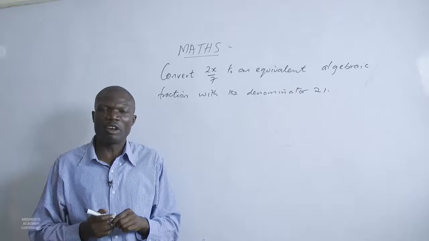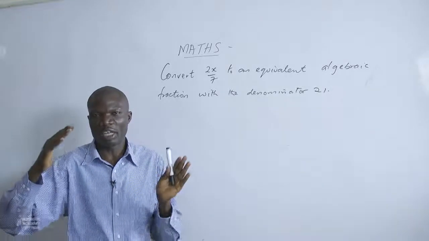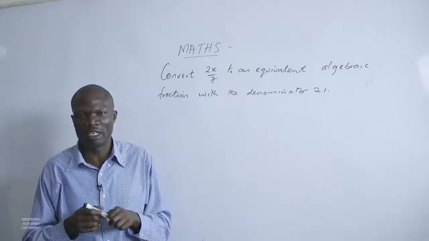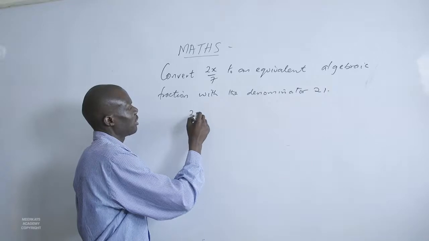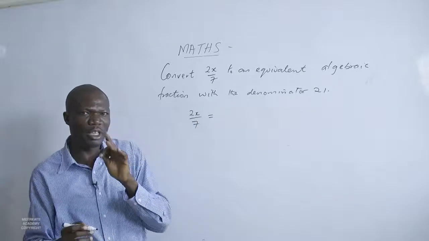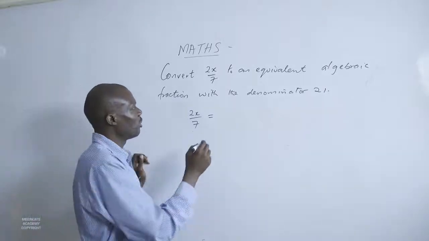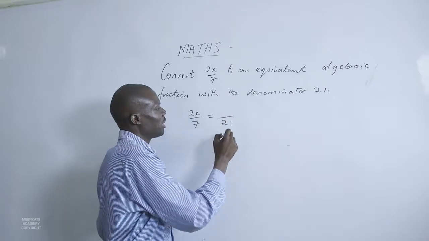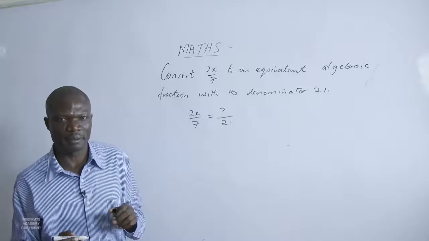In normal fractions, we have been having equivalent fractions, but today we want to look at equivalent algebraic fractions. That means if we have 2x over 7, we want to find the alternative algebraic fraction which will form 21 as its denominator. What will be the equivalent numerator?